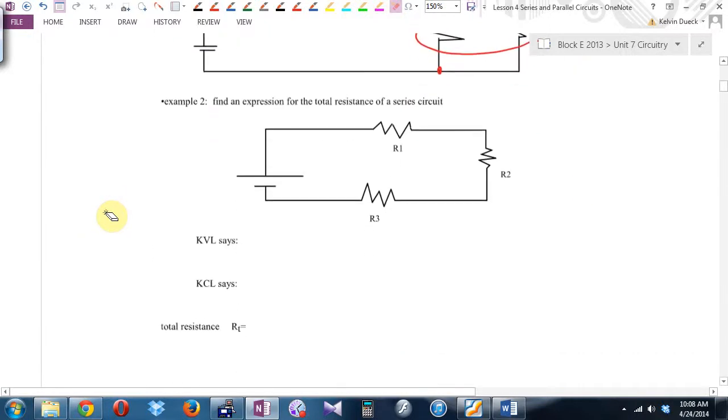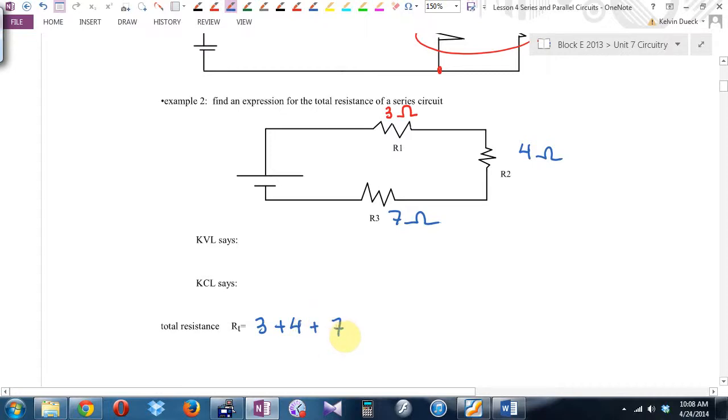So example 2 says, find an expression for the total resistance of a series circuit. I was going to do a lovely algebraic proof, but I'm just going to give you the answer. Write this down: if R1 is 3 ohms, R2 is 4 ohms, and R3 is 7 ohms, and they are all in series, our total is 3 plus 4 plus 7.